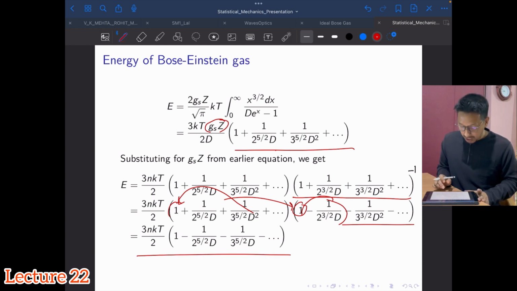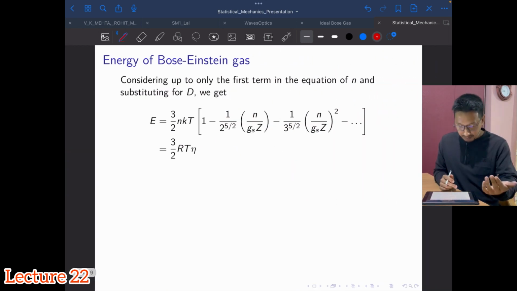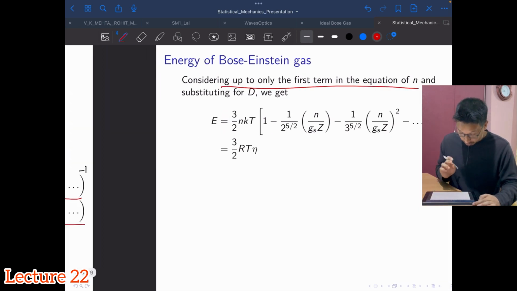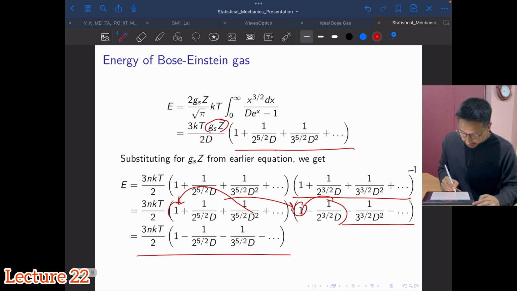Now let's say we consider only the first term in the equation of d. I need to substitute for this 1 by d expression.